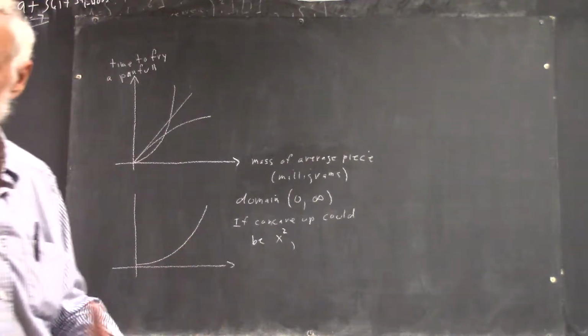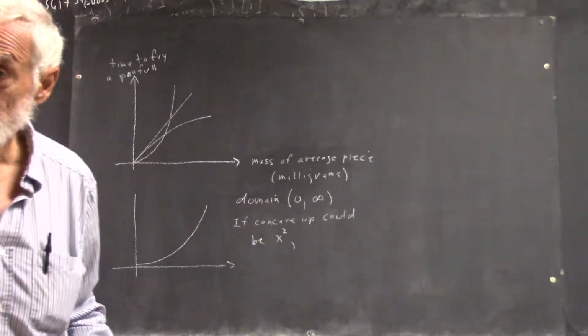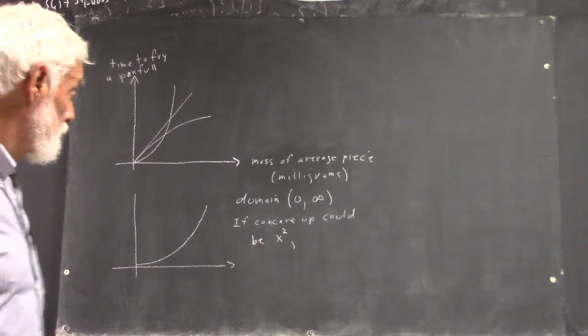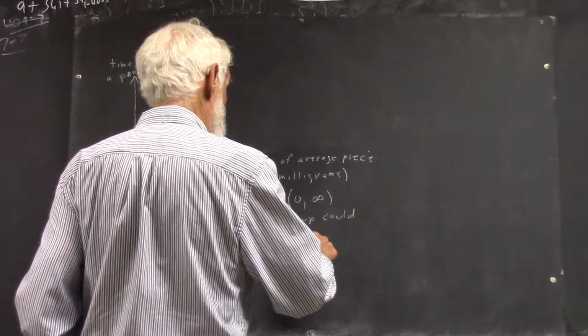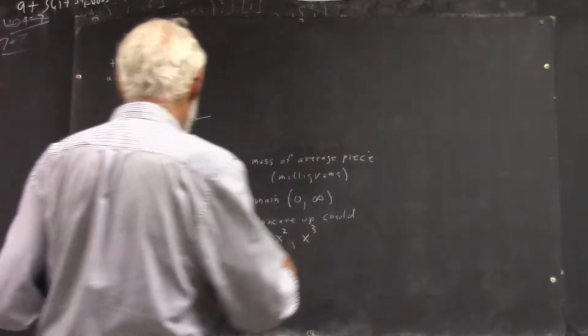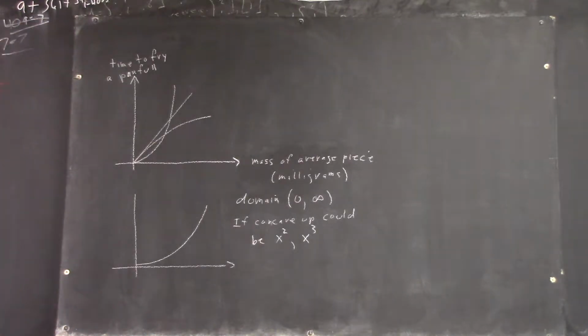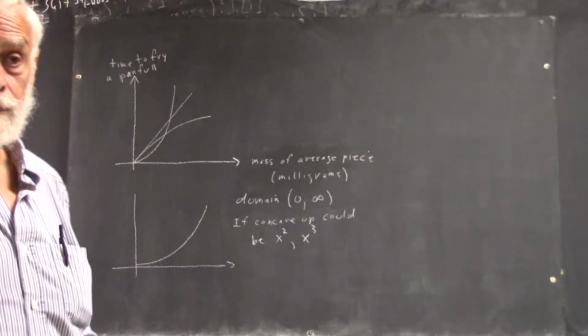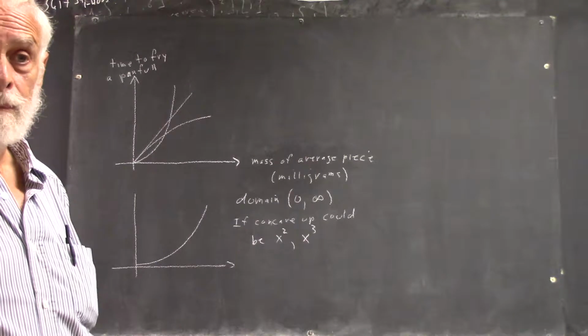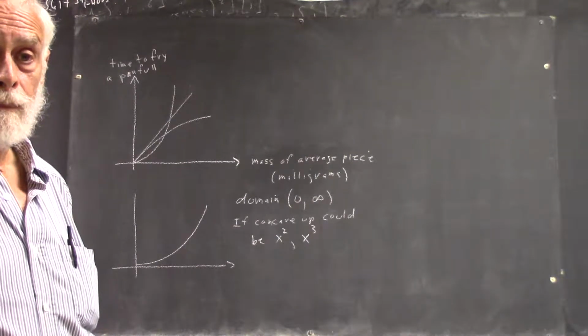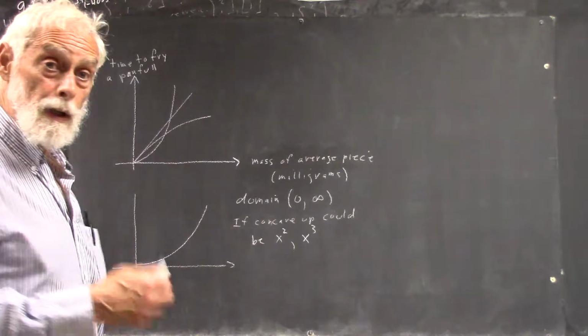You know, the shape of the x squared, you'd have to scale it differently. Could be an x squared. What else? It could be an x cubed, because that has the same basic shape. What else has this basic shape? Could it be 2 to the x?